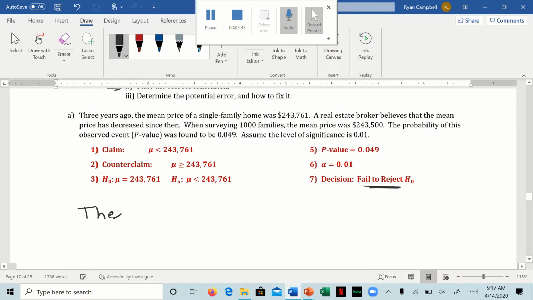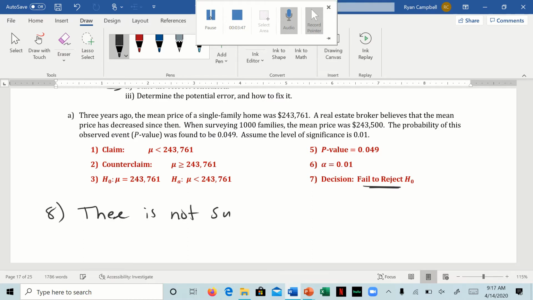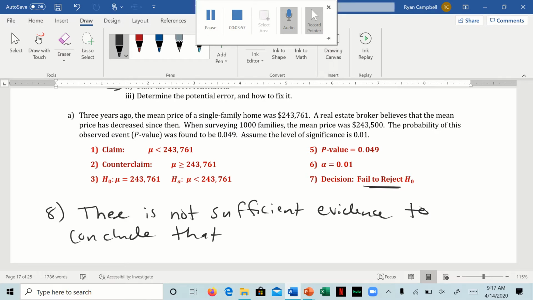So we say number 8, there is not sufficient evidence to conclude that. And then let's look at it. So our null hypothesis was this, and we actually are going to keep this, right? Because we don't reject it, which means that this is what there was not sufficient evidence for.